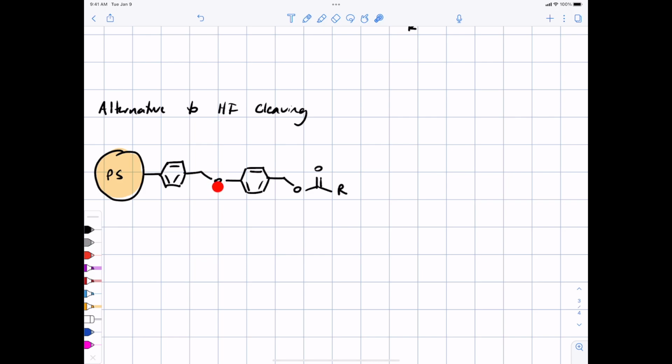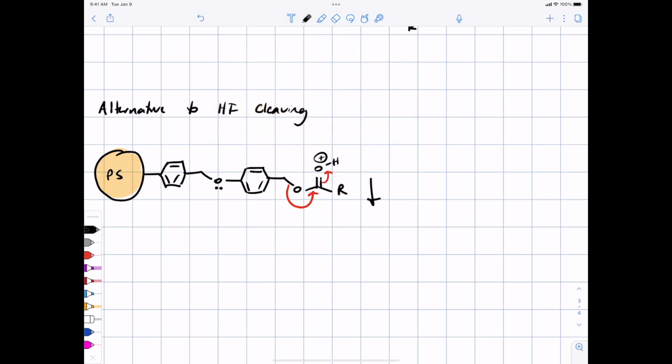this oxygen at this position in this now linker between the resin and your peptide can, under acidic conditions, undergo an SN1-like reaction. Imagine protonating the carbonyl oxygen under acidic conditions, and then having this group leave.